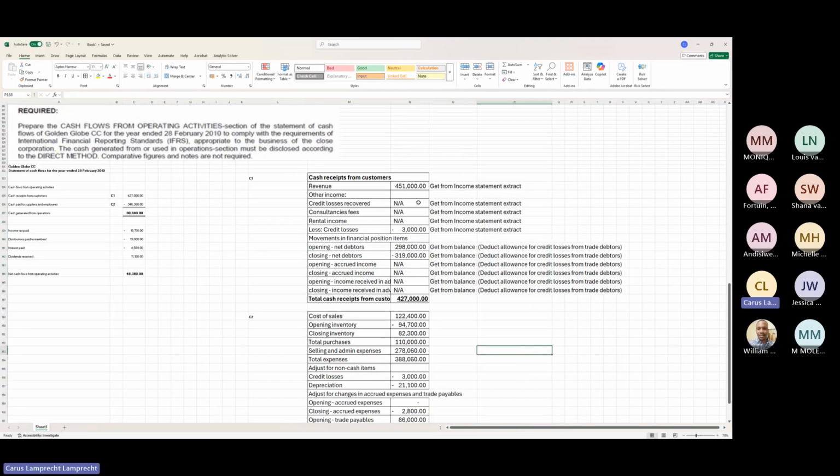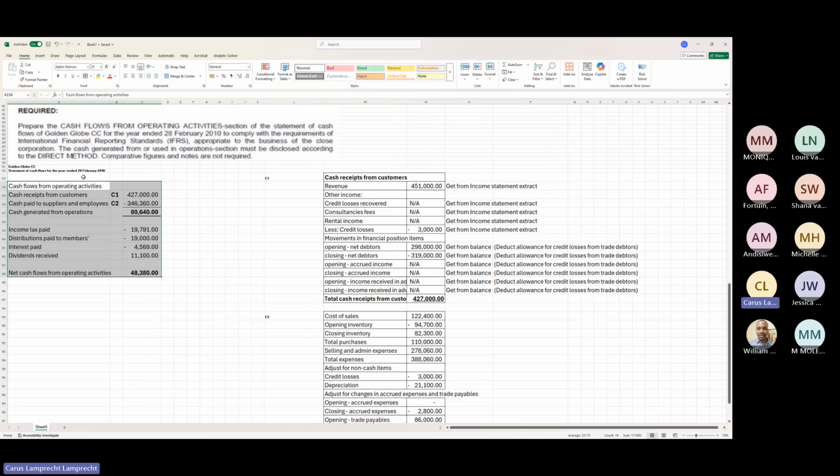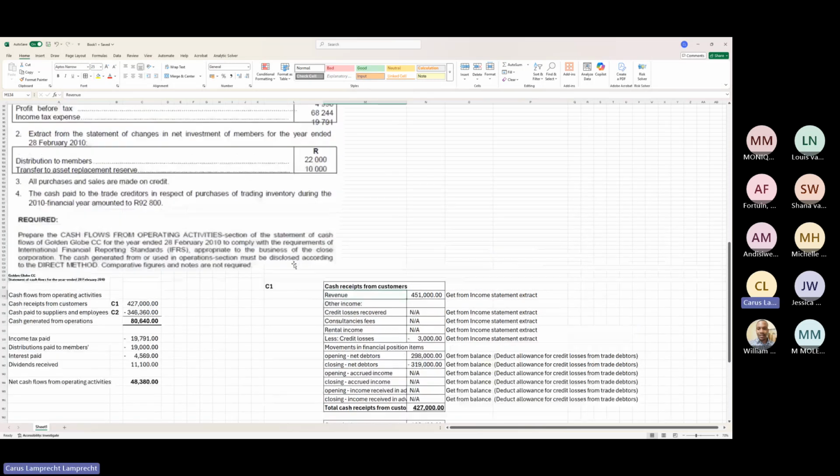Okay, so firstly, I write down cash receipts from customers, in the statement of cash flows. The C1 is where I'm referring to my calculation. It's important to reference your calculations, I believe. For this calculation, you start off with revenue, which you derive from the extract of the income statement.